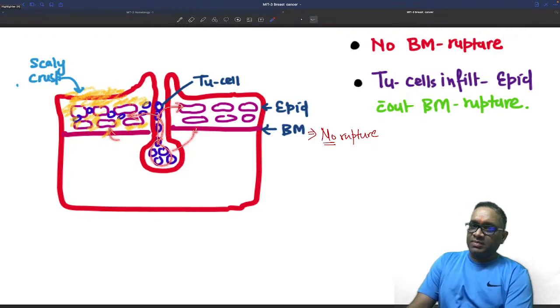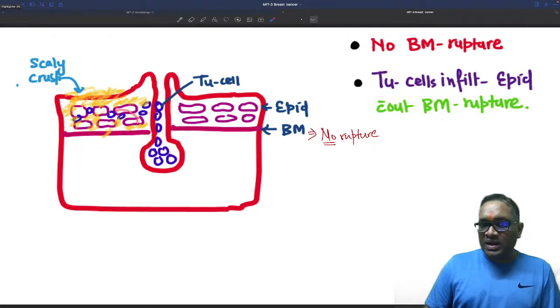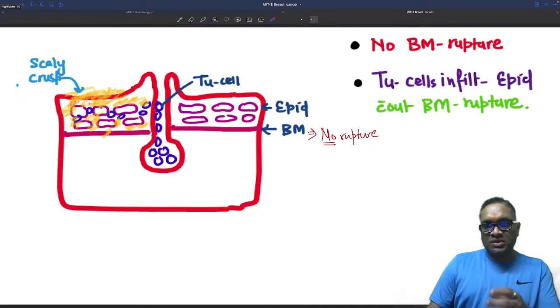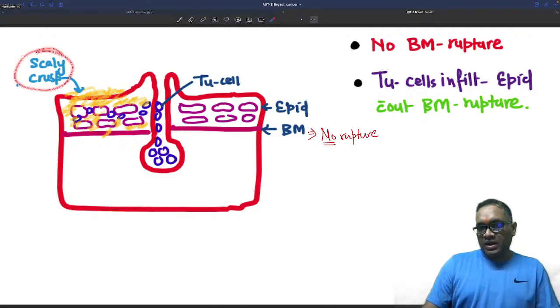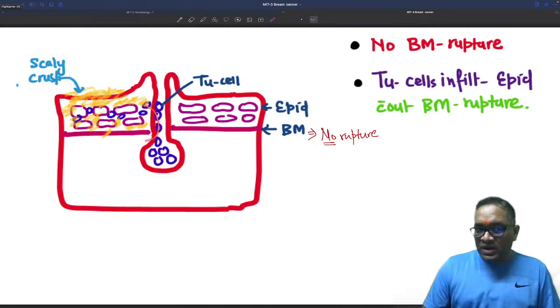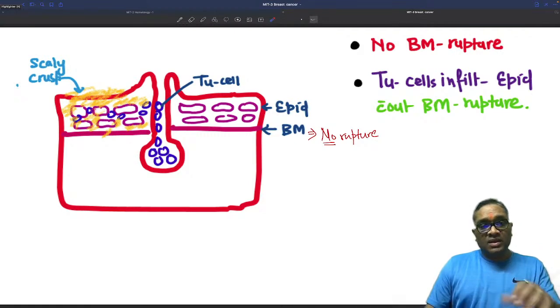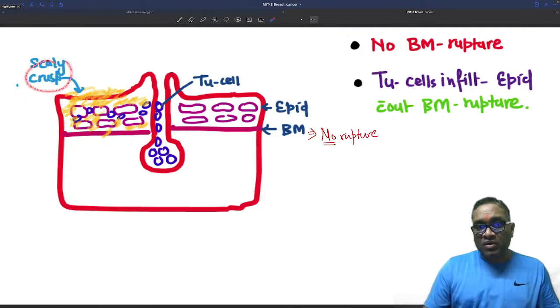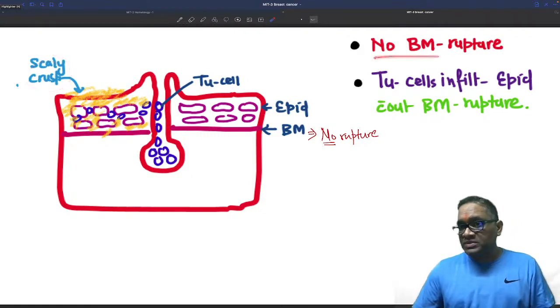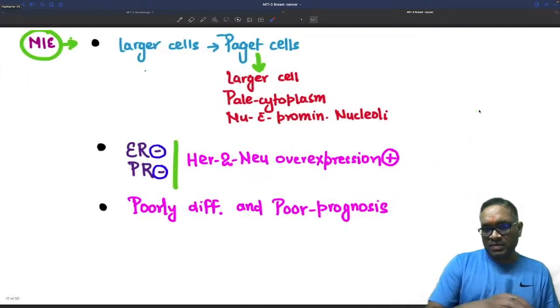They are not crossing the basement membrane; they are infiltrating directly into the epidermis. When tumor cells infiltrate, they cause damage to the epidermal cells. They release some fluid, and that fluid forms a scaly crust. So there is no basement membrane rupture, yet tumor cells infiltrate the epidermis.